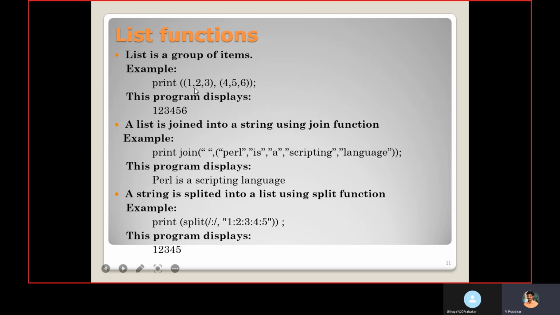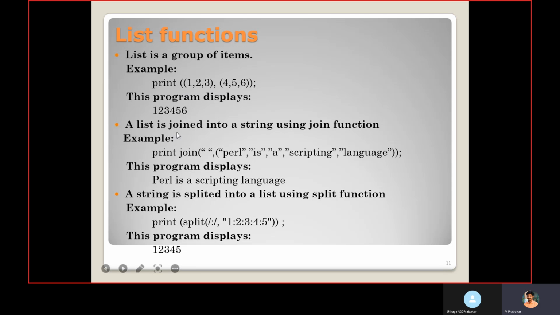Here I'm going to print these values like this. If I use a comma here, it concatenates these two. Or you can use dot. Dot is used for concatenation purposes. Here I am going to print these two lists by concatenating them.